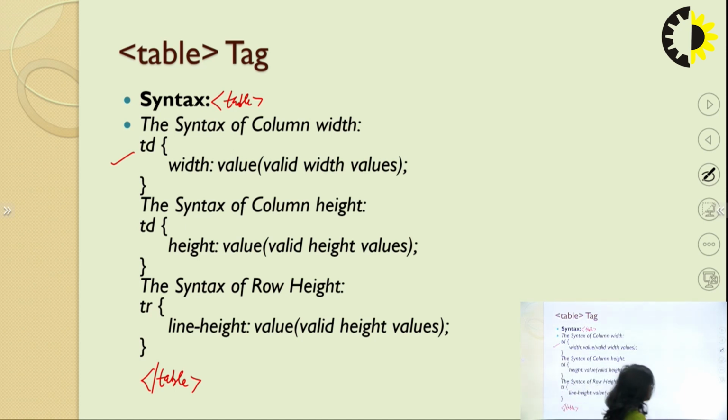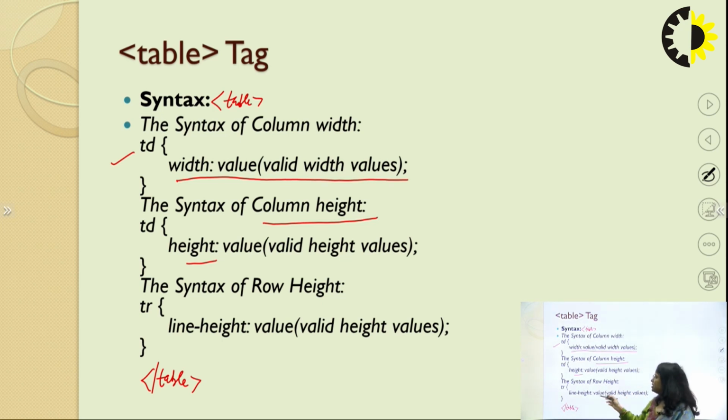suppose we can assign the column width. Column width means how much width we require for a particular column. We can assign this by using this syntax: td width is equal to column value, and column height can be represented by height value, and row height can be represented by tr height value. So this is the syntax for assigning the width to the column.